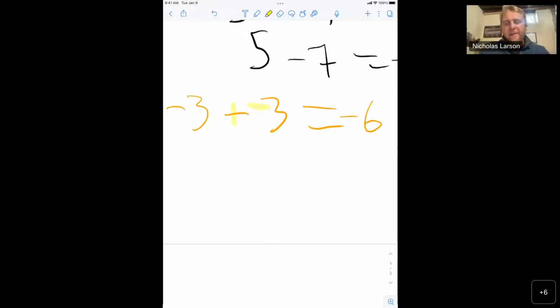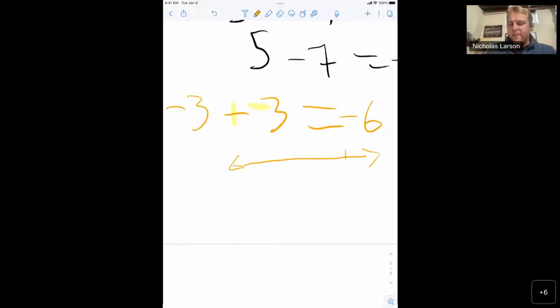So negative 3 plus negative 3 equals negative 6. I like to talk about negative numbers like this as either money or temperature. So think about it this way. If it was negative 3 degrees to start and it got 3 degrees colder, I'm taking away degrees, negative 3 minus 3, it's actually negative 6 degrees.